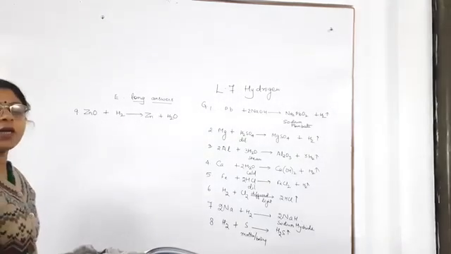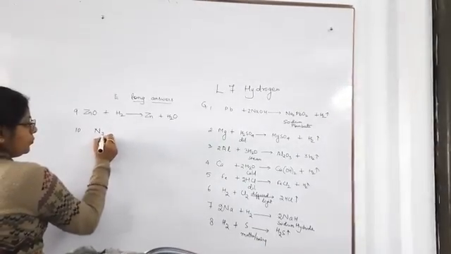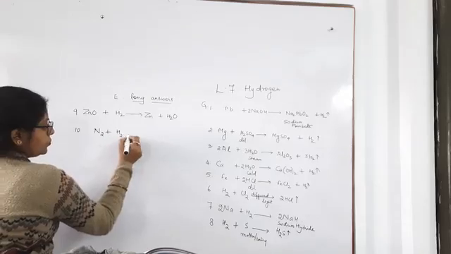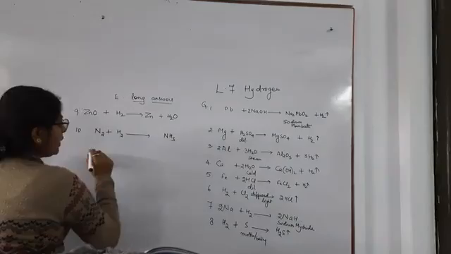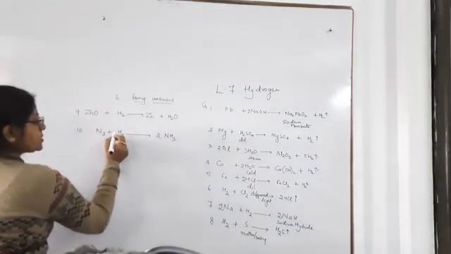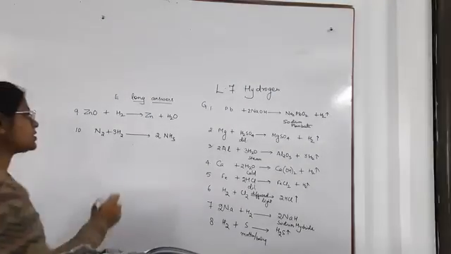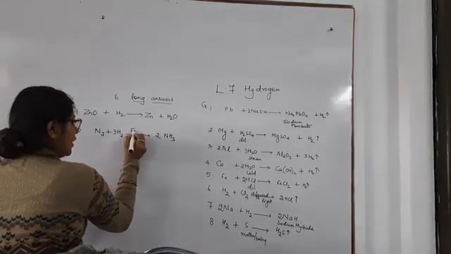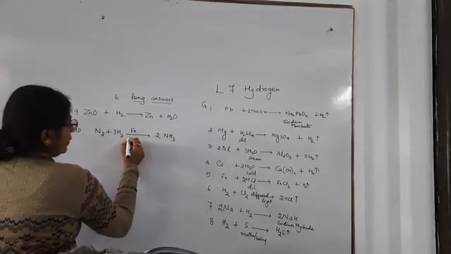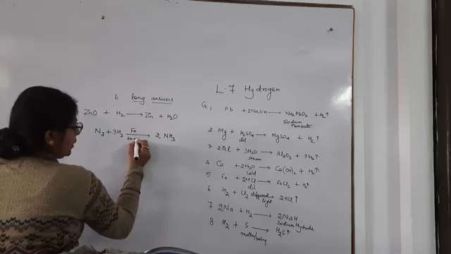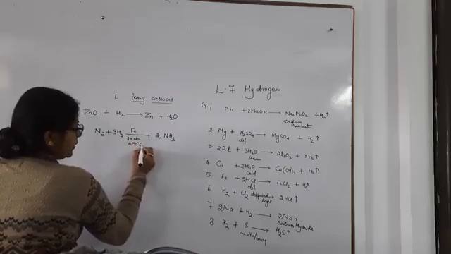Now next equation: nitrogen reacts with hydrogen. 10th equation, N2 plus H2 changes into ammonia NH3. Balanced equation: N2 plus 3H2 changes into 2NH3, and in this we have to write down the conditions: iron catalyst, pressure approximately 200 atmospheres and temperature 450 degrees centigrade.